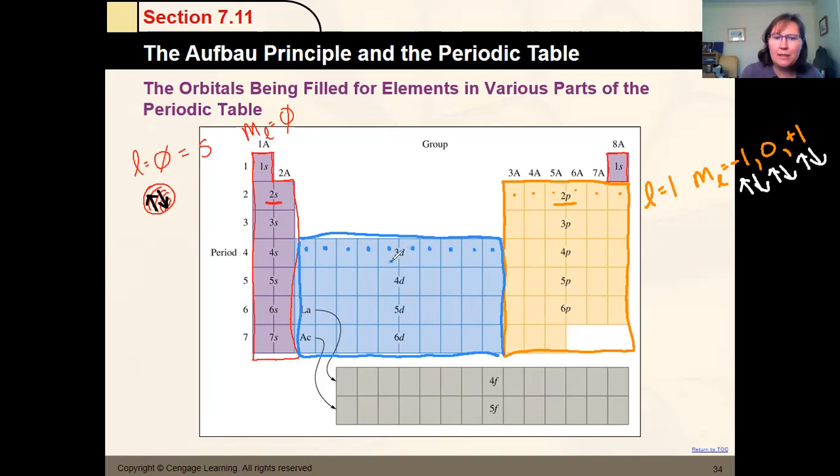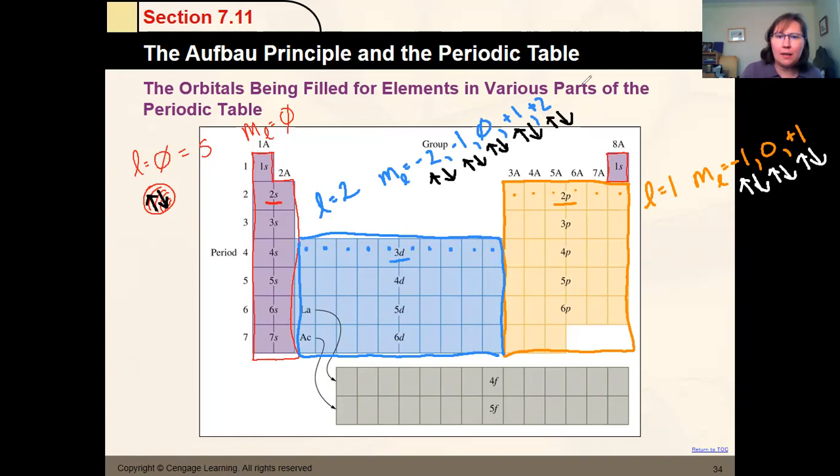That's because for D, we have L equal to 2, and there are 5 m sub L values that go with that: -2, -1, 0, +1, and +2. In each one of those we have up and down, so we can have 10 electrons in those 5d orbitals.